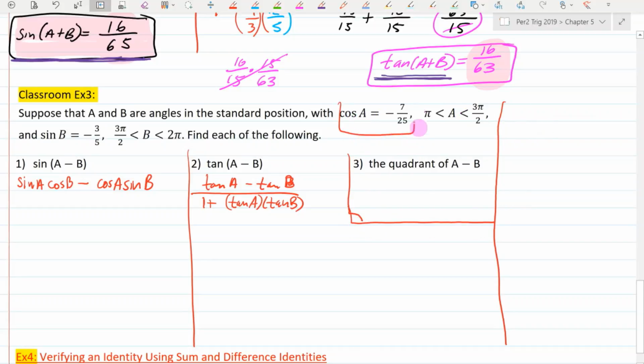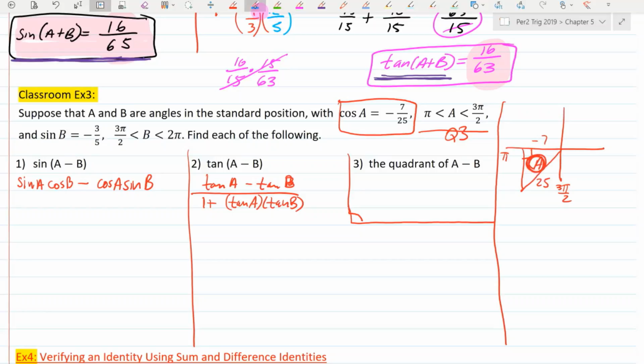So cosine A, we're in quadrant pi to 3 pi over 2. So this is quadrant 3. And that's negative 7 over 25. I'm going to call this A. Please label them.